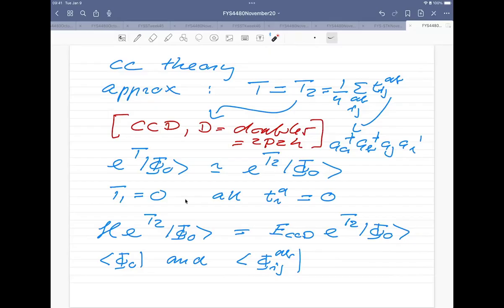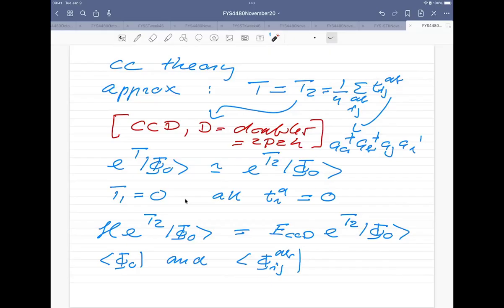Next week, we are going to derive the equations where we include the T1s, and that is the standard basic coupled cluster approximation, called coupled cluster with singles and doubles. So for those of you who are doing nuclear physics or quantum chemistry or using these methods, these are common acronyms which you will encounter. And then you have perturbative corrections of these.